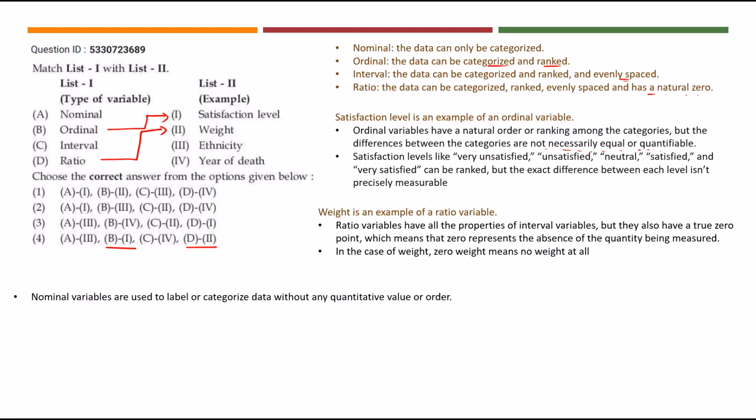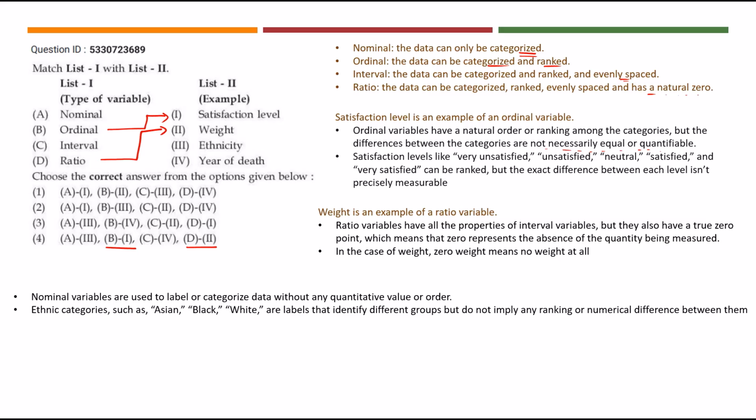Nominal variables. They are used to label or categorize data without any quantitative value or order. They are just categorized, they are not ranked. Ethnic categories such as Asian, Black, White are labels that identify different groups but do not imply any ranking or numerical difference between them.